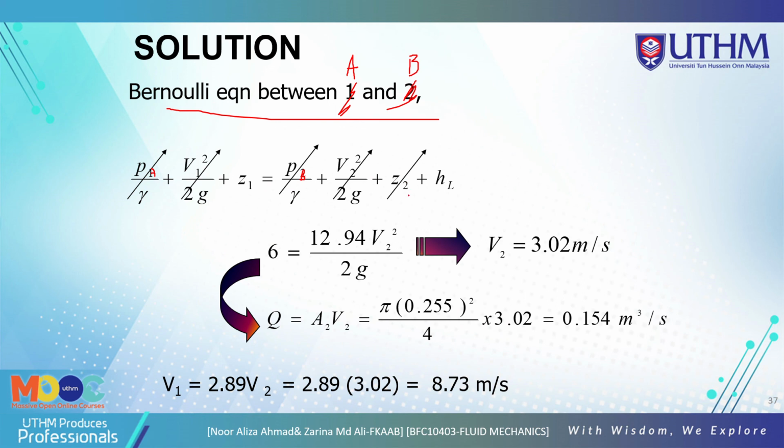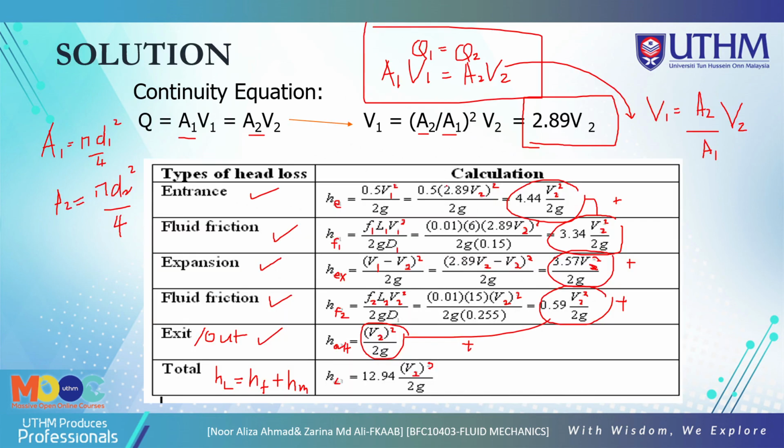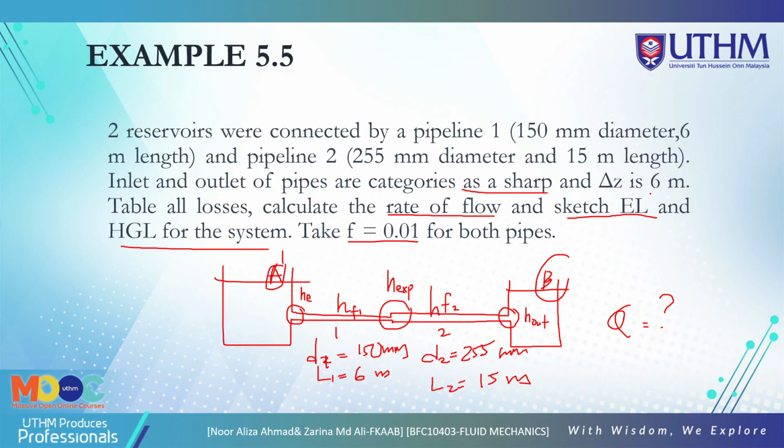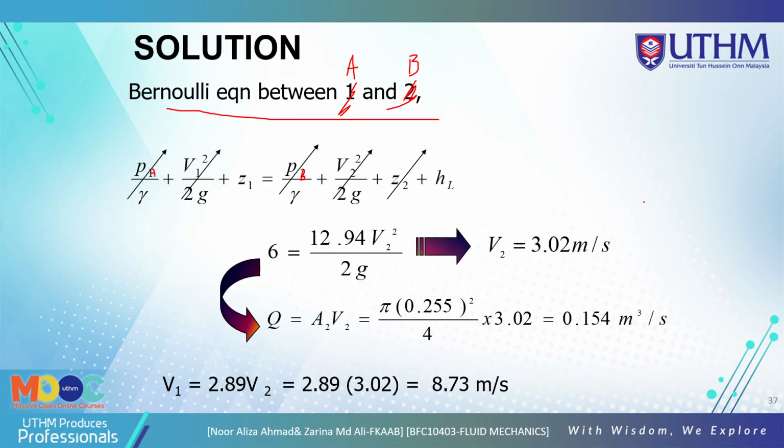Z1 minus Z2 is delta Z, which is 6 meters.